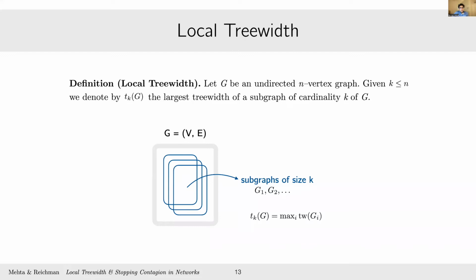The local treewidth of a graph, denoted T_k(G), is the largest treewidth of any size k subgraph of G. We might hope that even though a graph has high global treewidth in absolute terms, if you start looking at subgraphs of size k, it may have low local treewidth. And maybe this local treewidth can then be exploited to devise efficient algorithms.